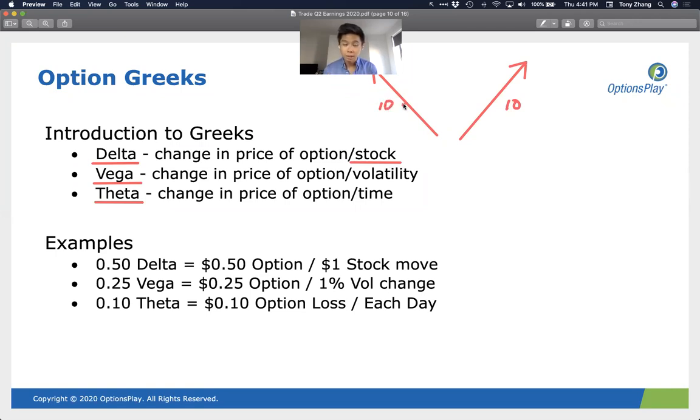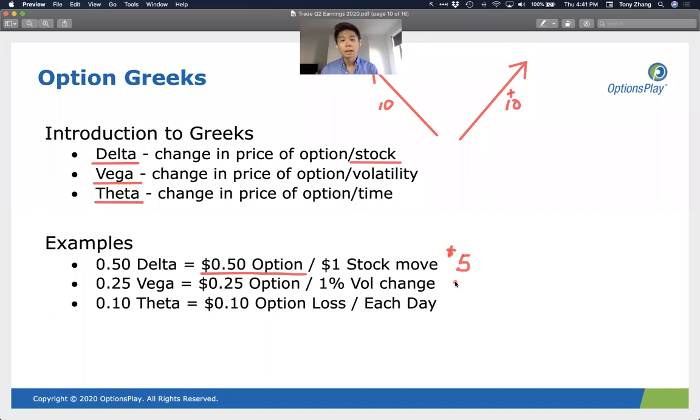That's what delta tells us. If you have a delta of 0.5, that tells us that for every $1 the stock moves, the option will move 50 cents. So if you have a $10 move, your option will move by $5, half as much. That's how we measure how much options are going to move if the stock moves up or down.